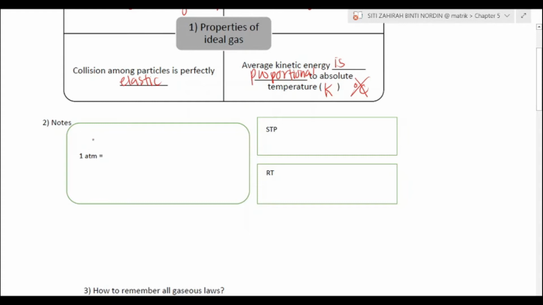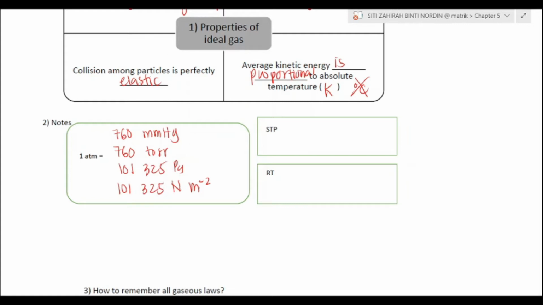For the second note, we always convert the pressure to atm. So if the question gave you millimeter mercury or torr or Pascal or Newton per meter square, 101,325.